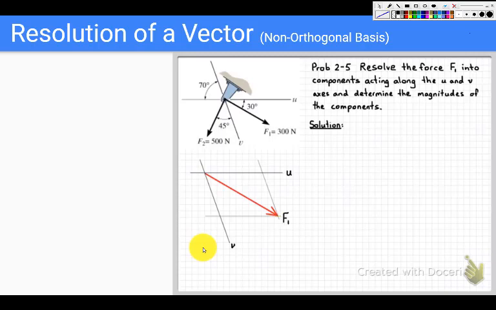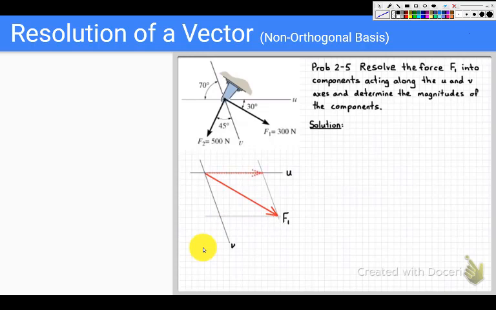So we know that the components of a force must add up vectorially to give us the original force. So we would have a component acting along the u direction plus a force component acting along the v direction to add up to give us F1. We could also consider a force along the v direction, so the force component v plus the force component u.